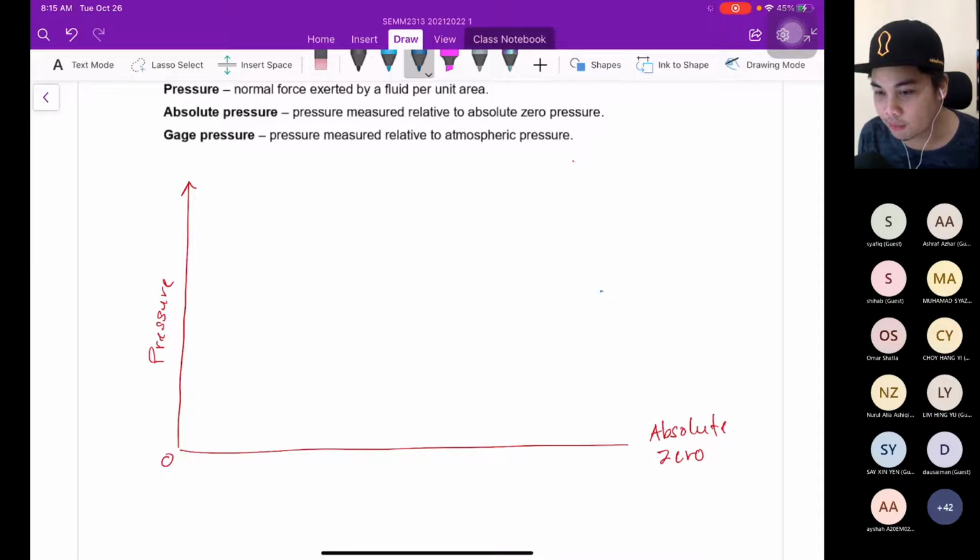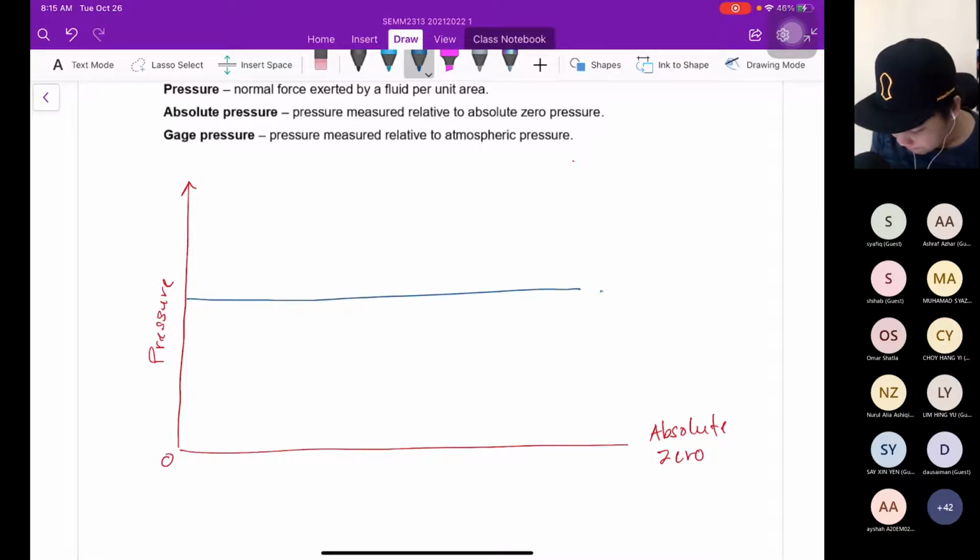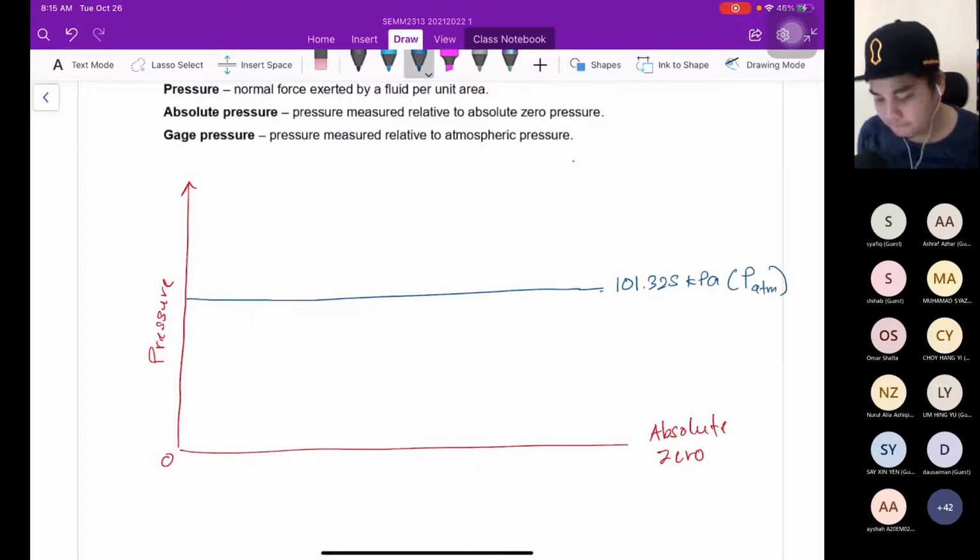101.325 kilopascal. So it is a positive value, right? This is the value, 101.325 kilopascal, as our PATM. So our atmospheric pressure measured is 101.325 kilopascal.